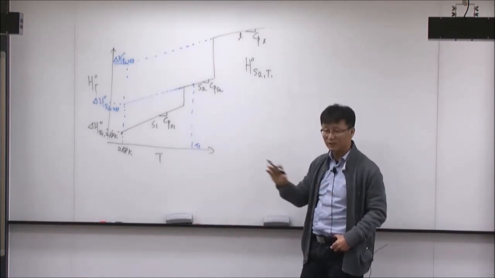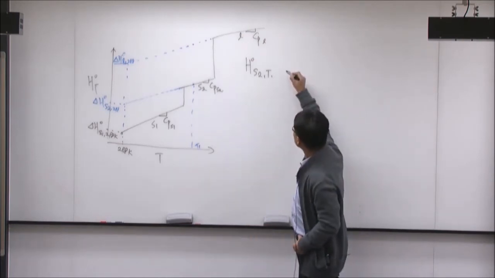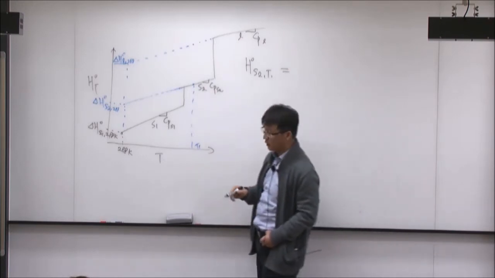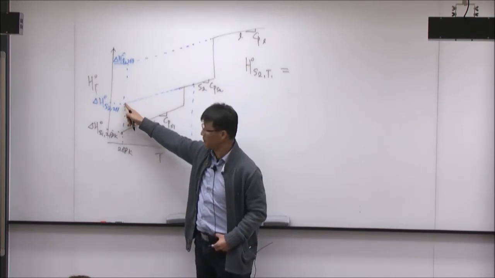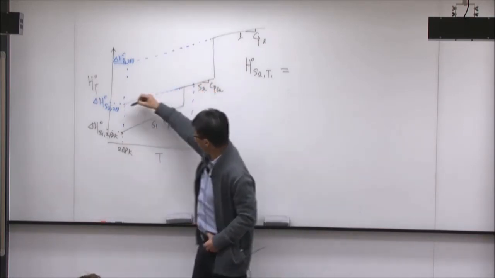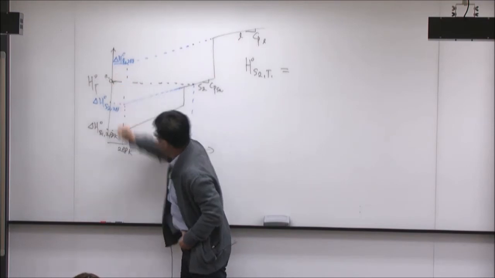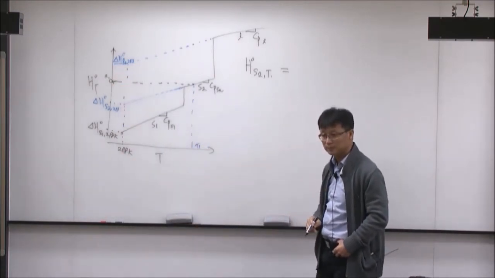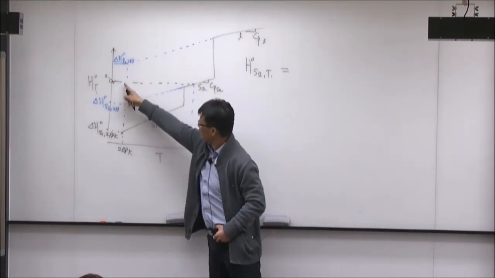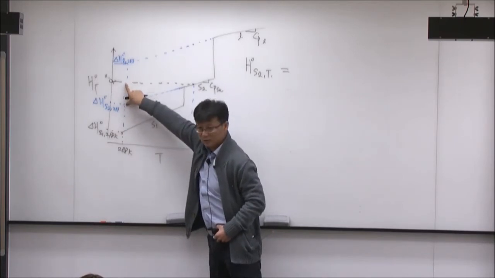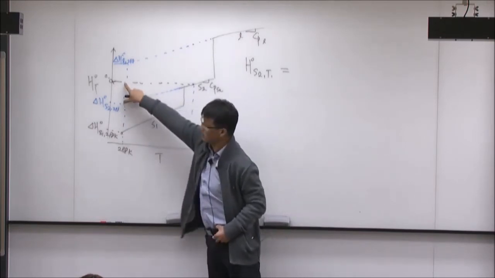There are many different ways we can do it, depending on the information you have. The first one, very simple: if I know this curve, I can start from here and integrate up to this point. This is my question. I know this value, so I can start from here and go here, and the difference is the integral of Cp of S2 from 298 Kelvin to T1 temperature.